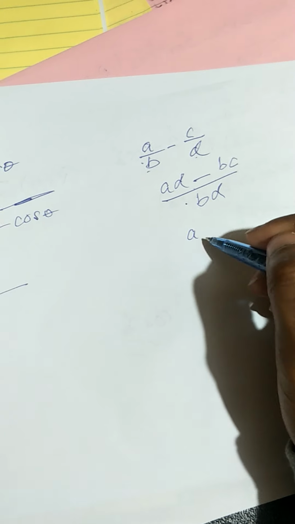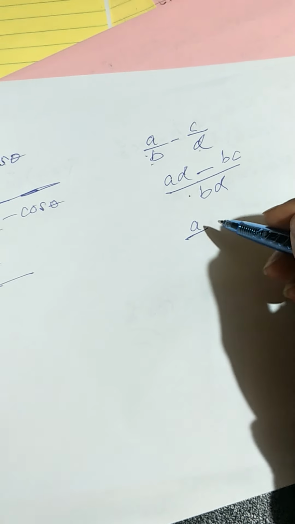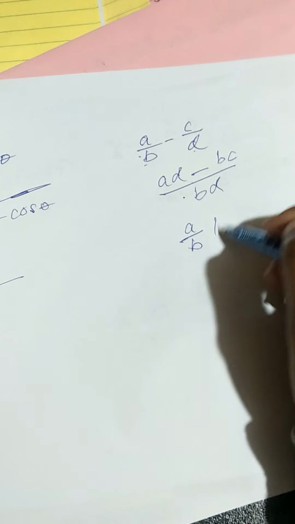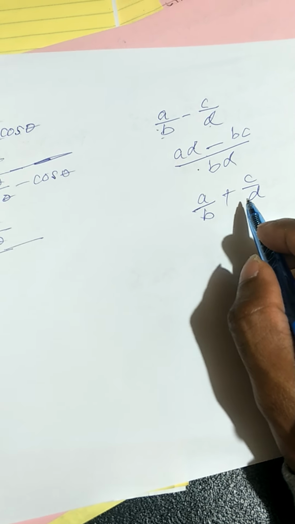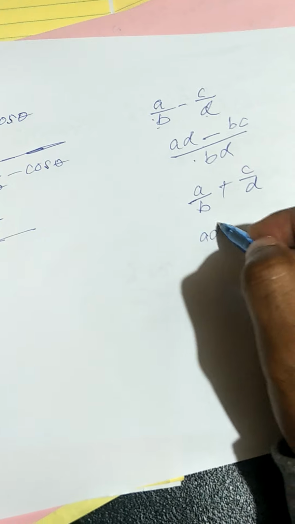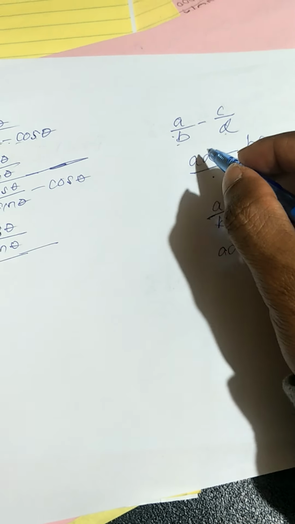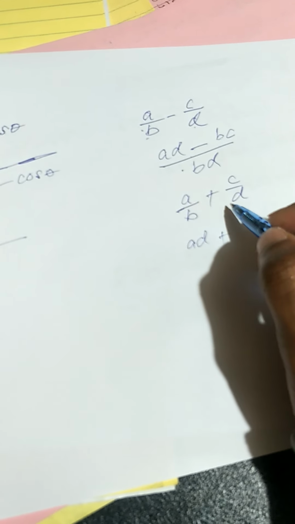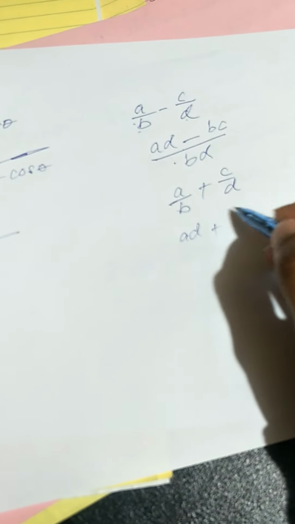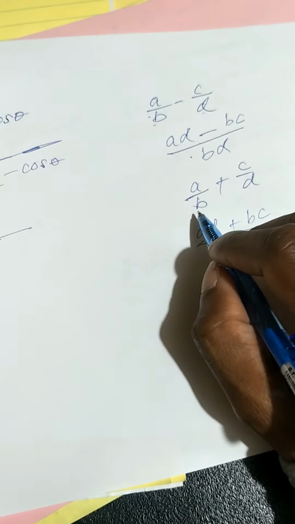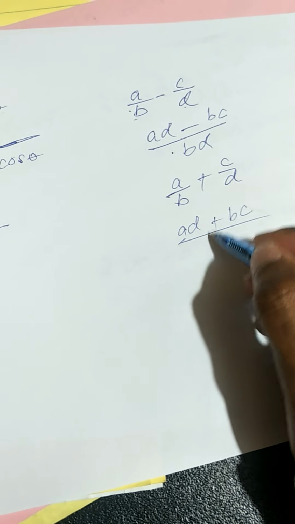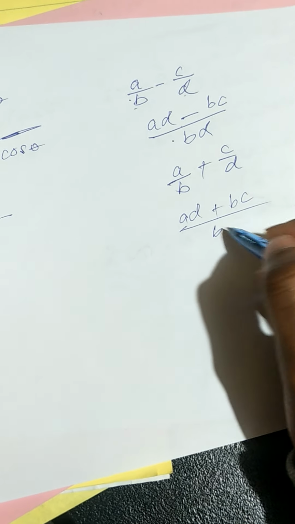So if you compute a all over b plus c all over d, you multiply everything: ad plus bc all over denominator multiplied by denominator, which is b multiplied by d, which is bd.